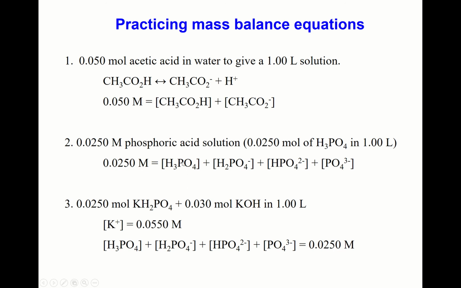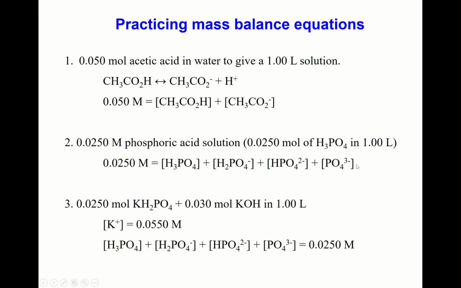After dissociation, the phosphoric acid becomes dihydrogen phosphate ion, monohydrogen phosphate ion, and phosphate ion, and also there is non-dissociated phosphoric acid. So this total concentration equals the sum of all these four species concentrations. You must not be confused at this one.